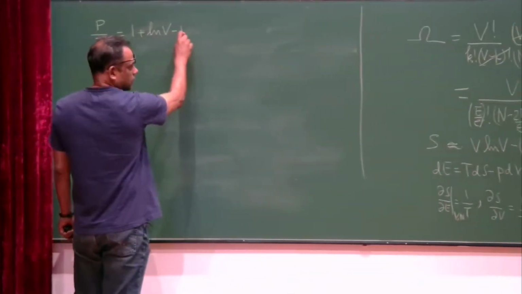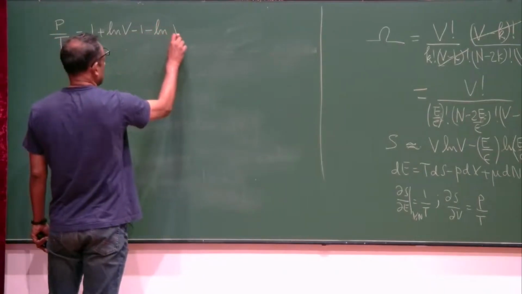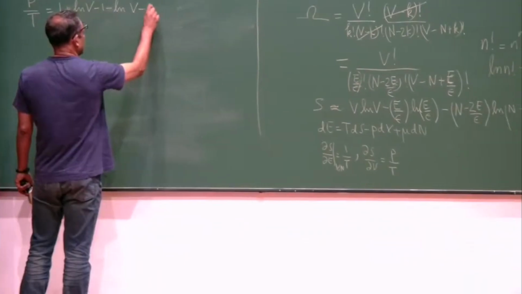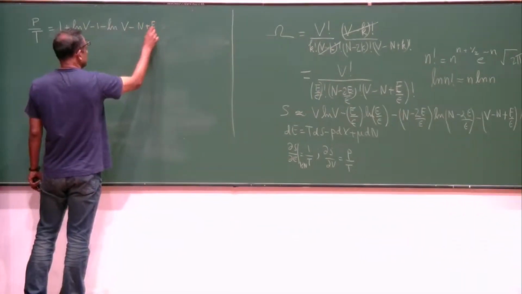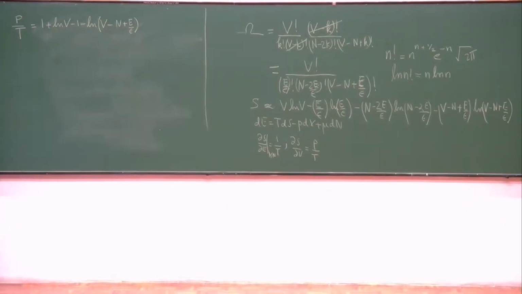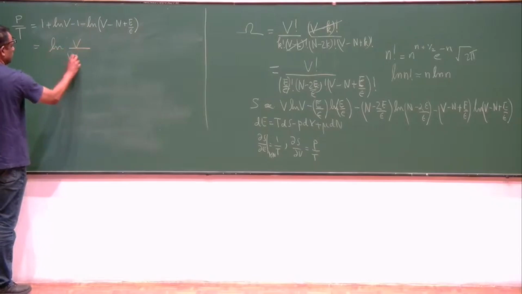And then I get minus log V minus N, V by epsilon, which is equal to log V by E minus N.